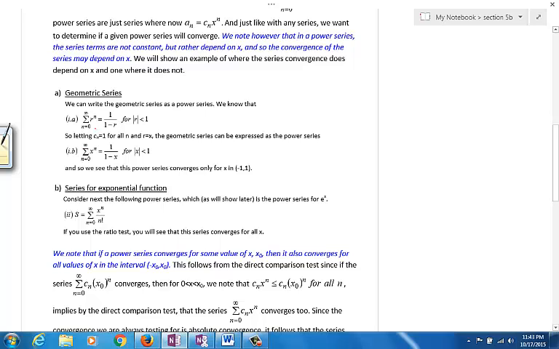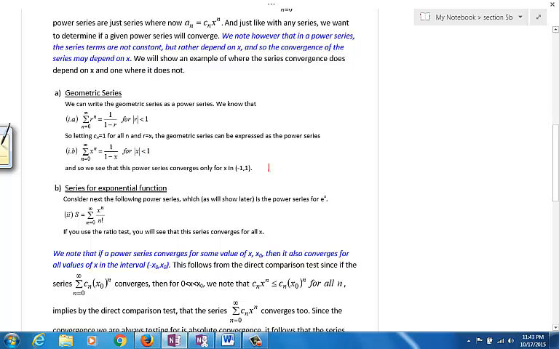Now you notice that if I simply replace r by x now, okay, it's still a geometric series, okay? And we know that the geometric series converges when the base has a magnitude less than 1. So this is clearly showing us that this is a power series that only converges when the absolute value of x is less than 1.